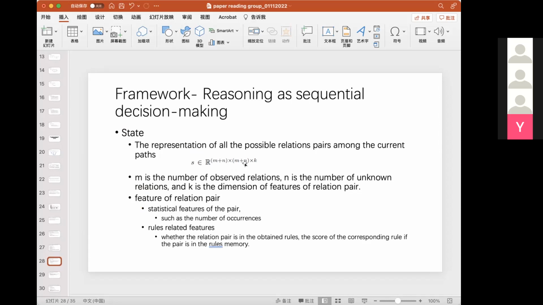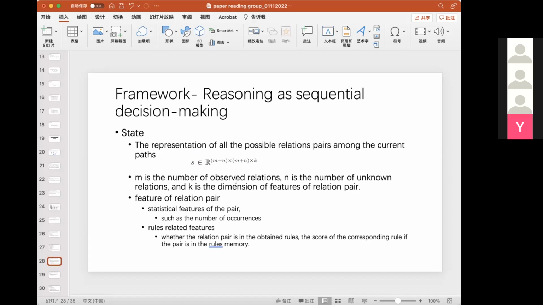For each relational pair, it is associated with a k-dimensional feature to represent it. So finally, the state will be represented as such a matrix.